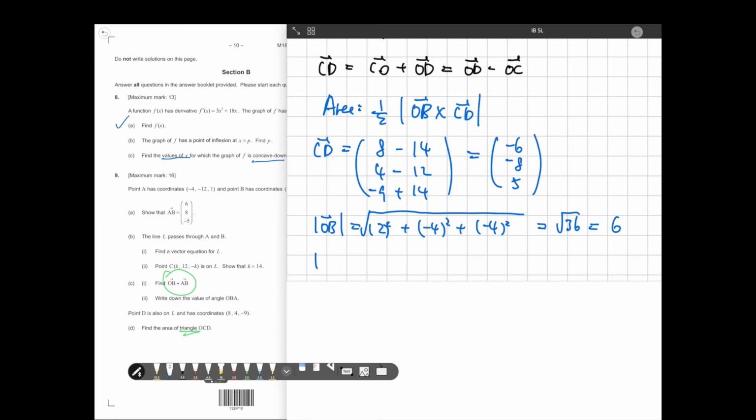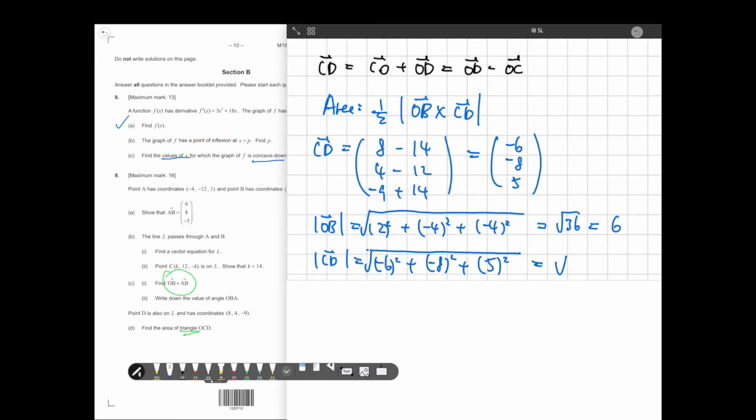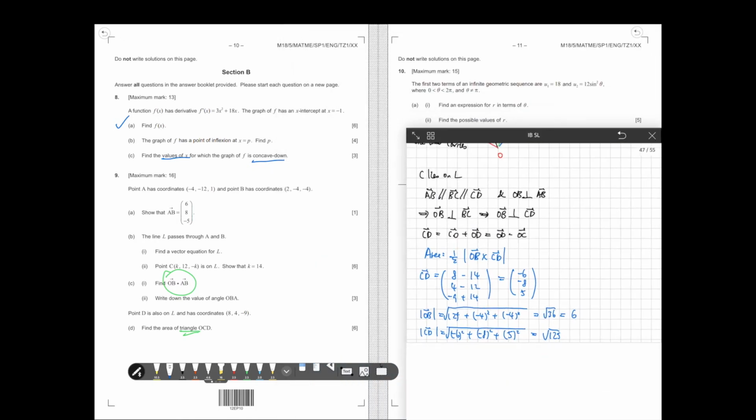That is 6. And then CD, that is negative 6 squared plus negative 8 squared, and then plus 5 squared, and then we will get it to be square root of 125, right?